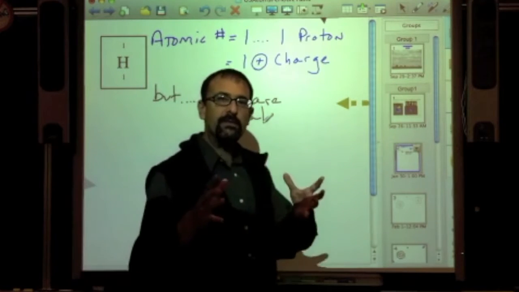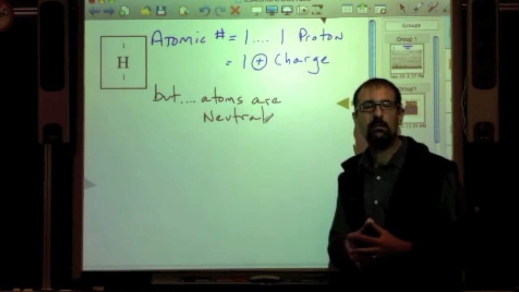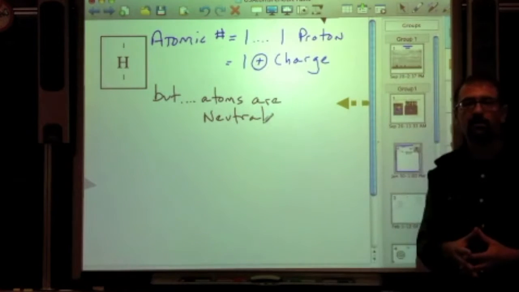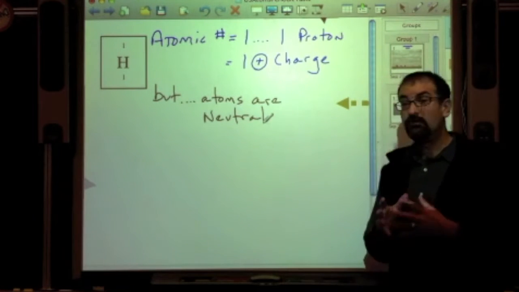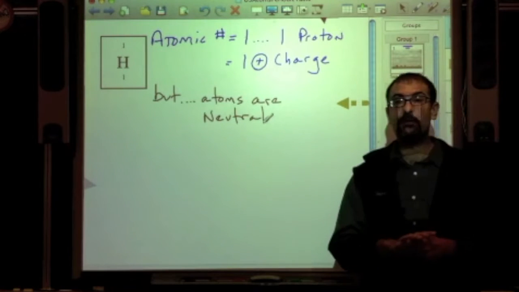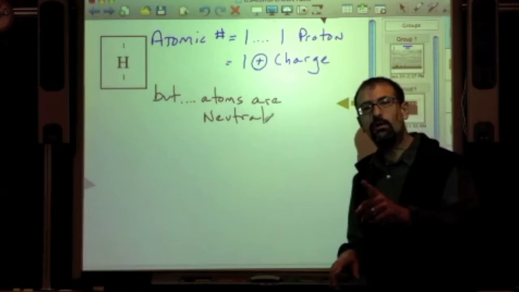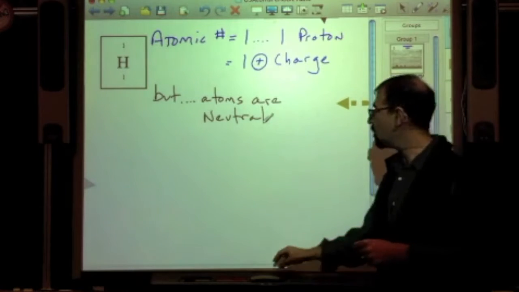Well, it turns out that the atomic number not only tells us the number of protons, it also tells us the number of electrons. So, because hydrogen has an atomic number of 1, it has 1 proton and it has 1 electron.